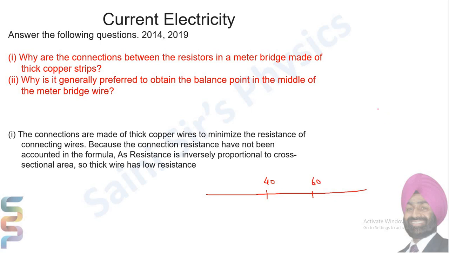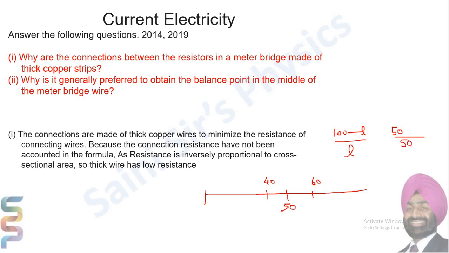Very simple reason. Since we use both the lengths, right hand side part 100 minus L, left hand side part L, if this length is somewhere like 50 centimeter, that would be the best one. So the rightmost part would also be equal to 50 centimeter. You know errors.